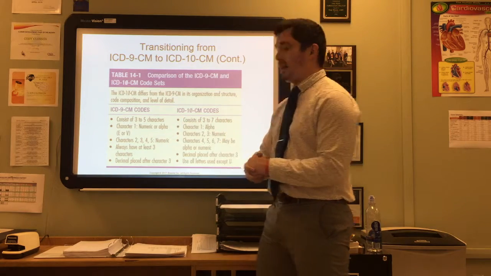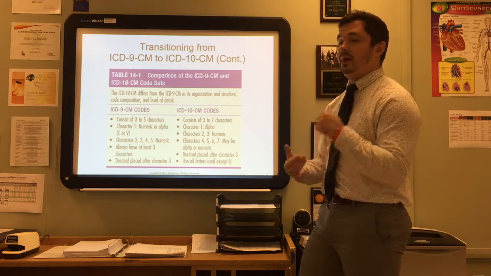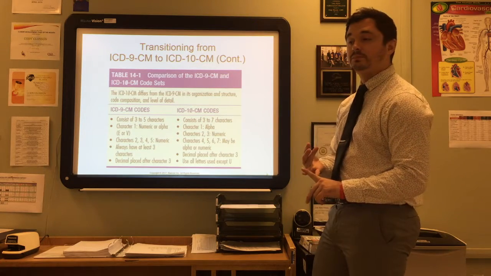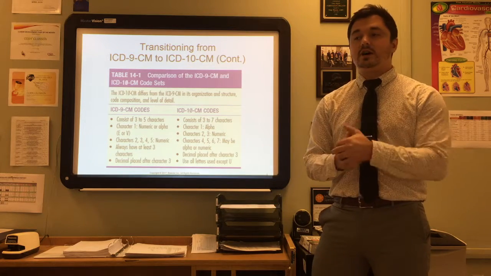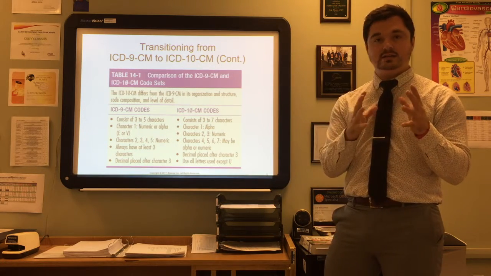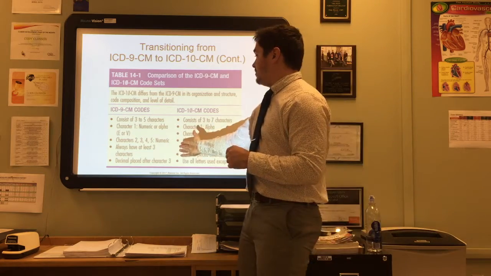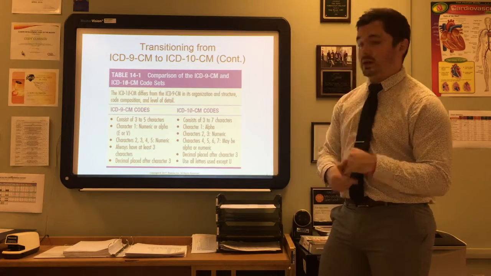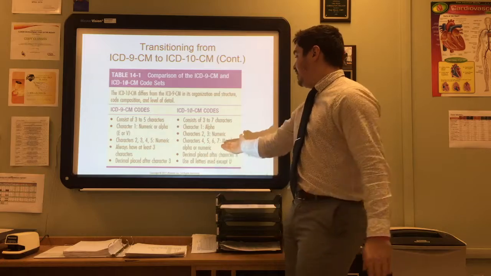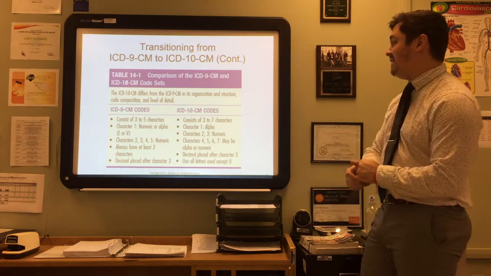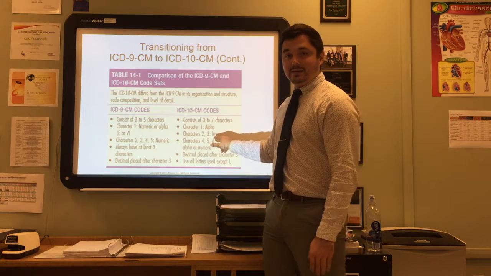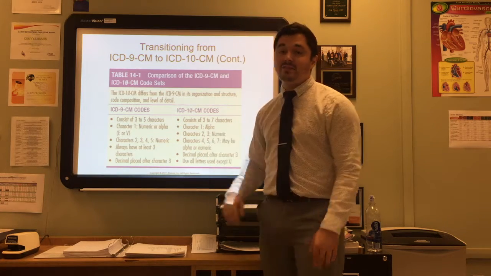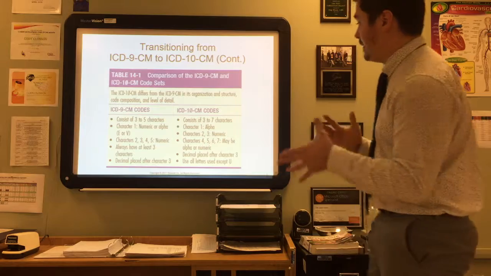The first character in ICD-9 codes could have been alphabetic or numeric. Okay? The first character in ICD-10 codes is always alpha. Characters 2 and 3 are always numeric in ICD-10 coding, but characters 4, 5, 6, and 7 could be alpha or numeric, depending on the code.